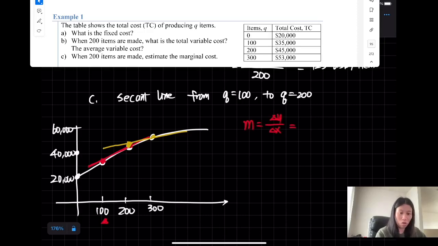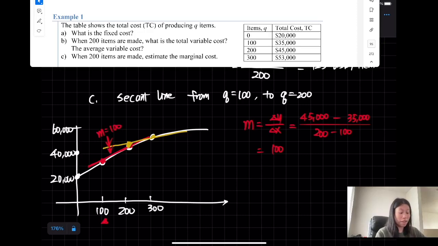When you're producing 200 items, your cost is 14,500 minus the cost when you're producing 100 items, which is 13,500, divided by 200 minus 100. So the slope for the red line is going to be 100. So I'm going to mark it here.